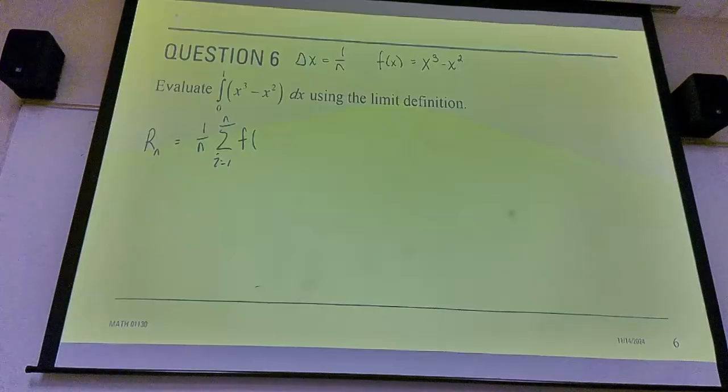What's a? What is it? 0. Oh, that's nice. Plus i delta x. Evaluate f of x at 1 over n times i.